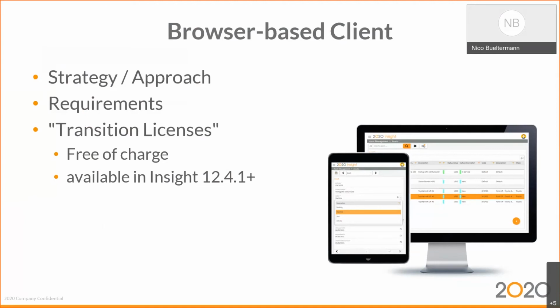So we put a lot of thought into the sequencing of these web developments, and I hope that this little insight here has given you a good impression of first why we developed the browser client in the first place, and also what we use to determine the order in which we convert the modules.